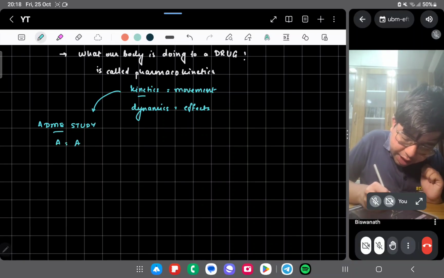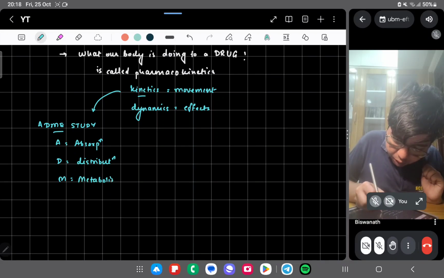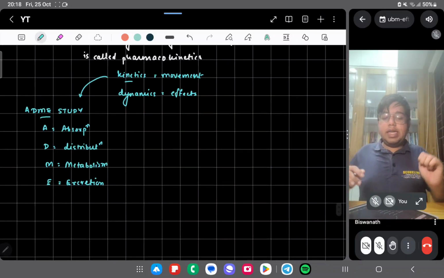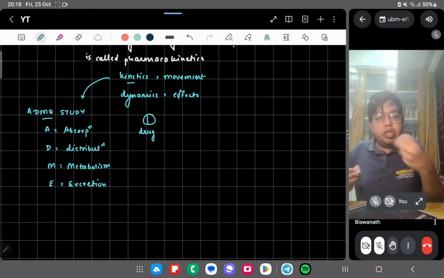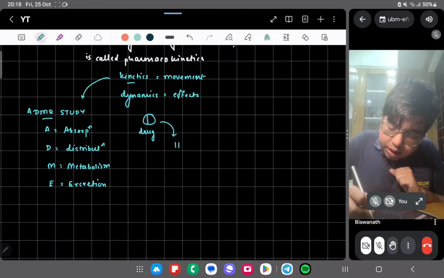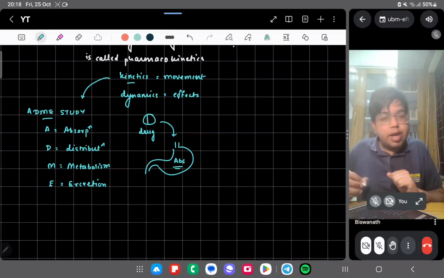A stands for absorption, D stands for distribution, M stands for metabolism, and E stands for excretion. So a drug is being absorbed. Let's say this is a tablet which you ingested. Let's say it is absorbed in the stomach. Here absorption occurred, right?